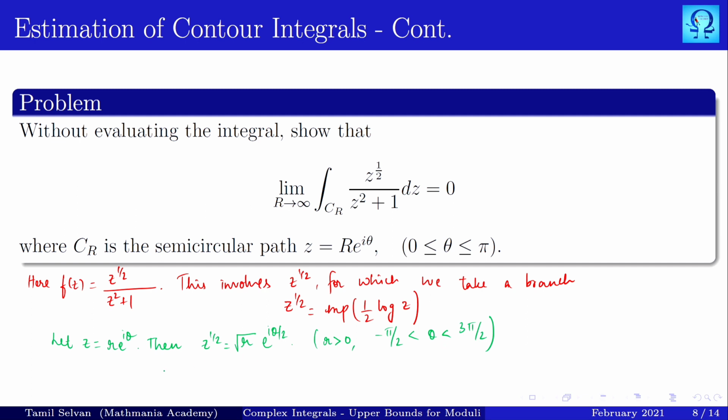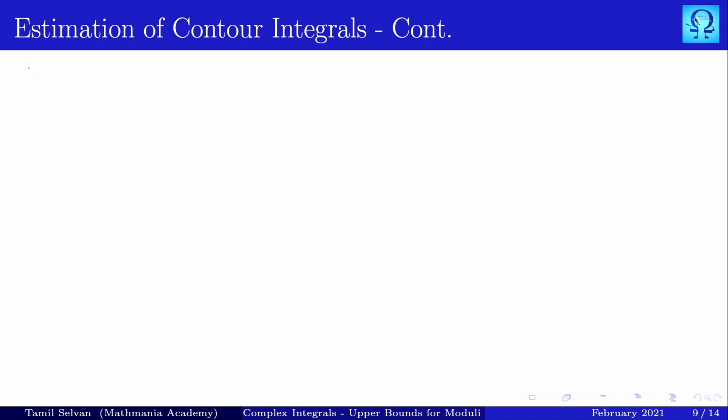This is how we do the parameterization. It is given that z equals r e to the power i theta. Hence the absolute of z to the power half would be root r, e to the power i theta by 2.